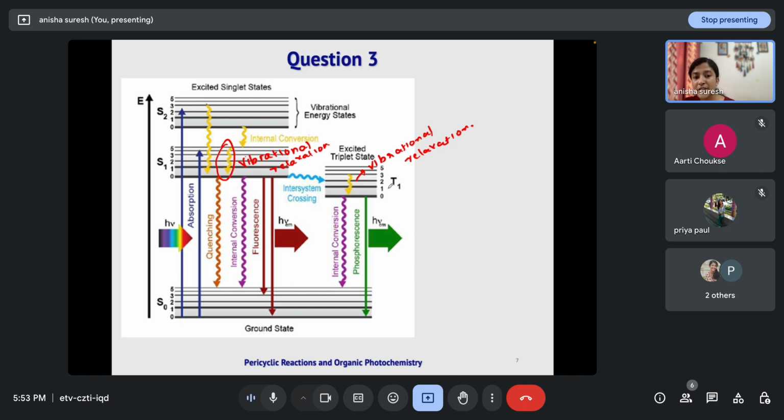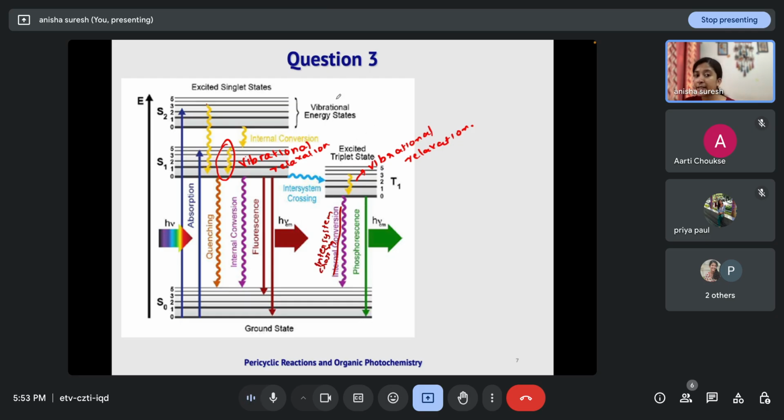Here they have mentioned from T1 to S0. This is most probably inter-system crossing only. As there is a change in the spin state, it is known as inter-system crossing. Now, from S1 to S0, the radiative pathway is known as fluorescence, and from T1 to S0, the radiative process is known as phosphorescence.